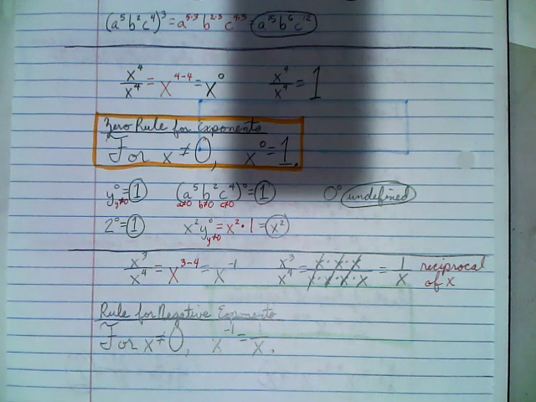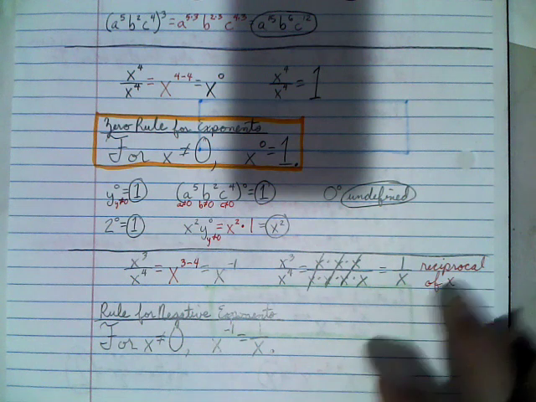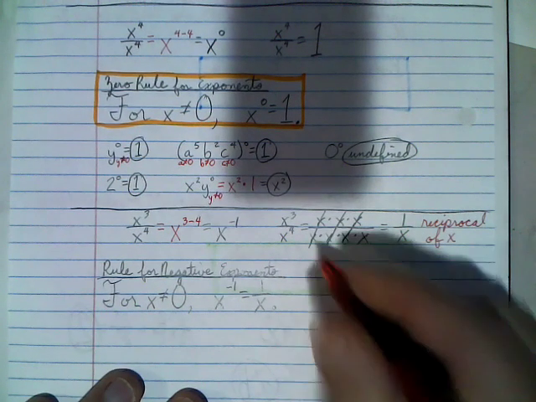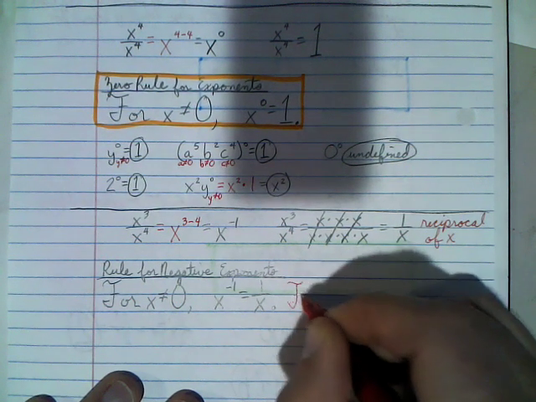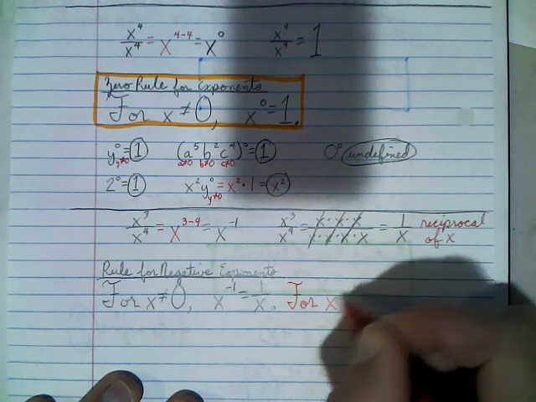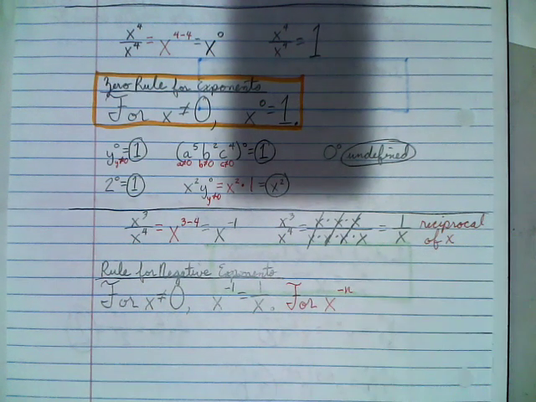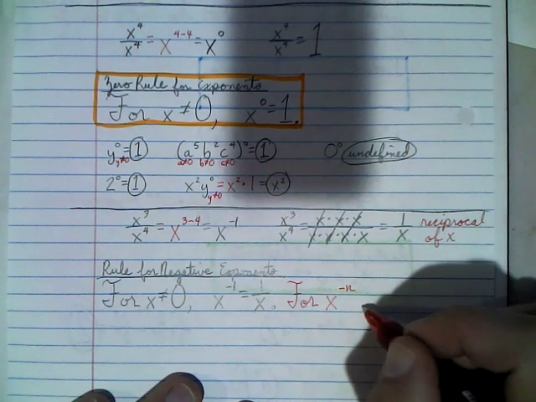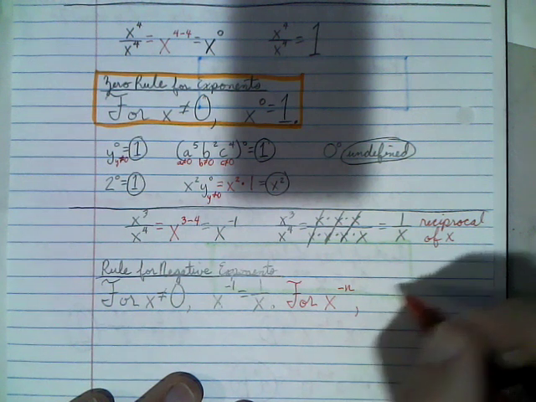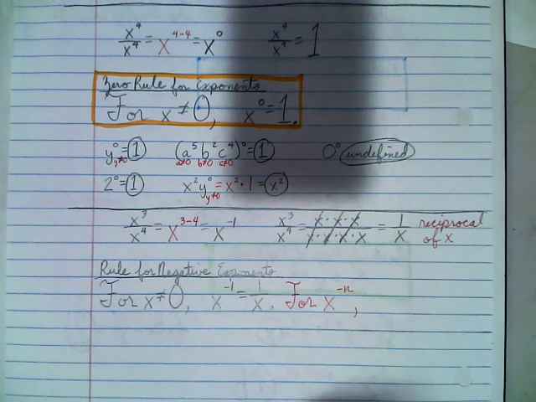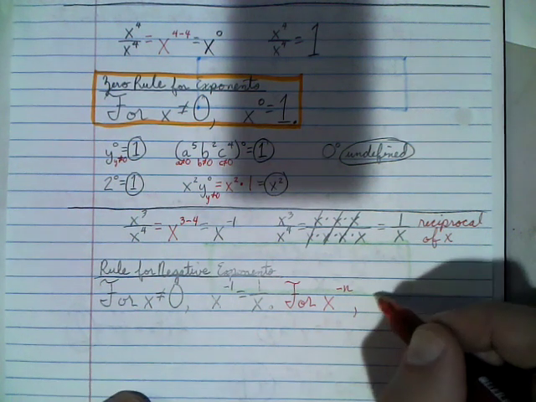Now, with this being said, I'm going to extend this property a little bit for you and generalize it. So if I were to give you x to the negative n power, so where n is something other than 1, well, it could be 1, then in general what's going to happen here is that negative will still produce a reciprocal.